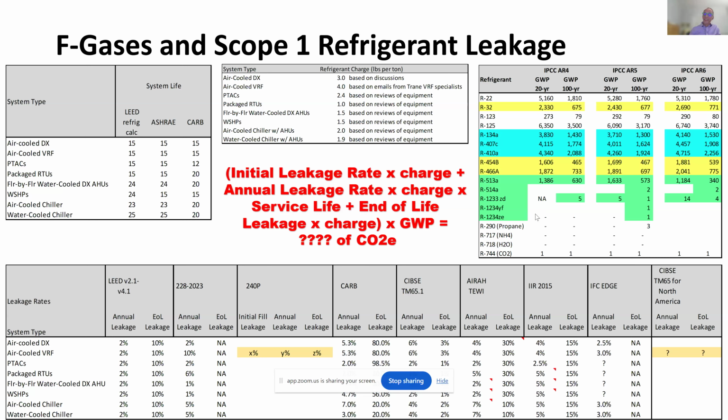Now, 228, 240P, LEED, CARB, SEPS's Technical Memorandum 65, none of them agree on how much leakage there is in different systems and over their life. So there is that nuance of what do you assume?